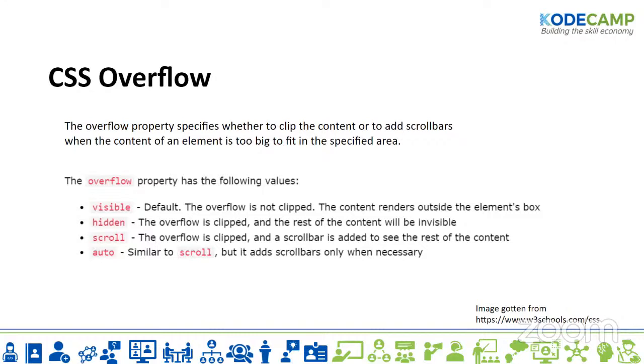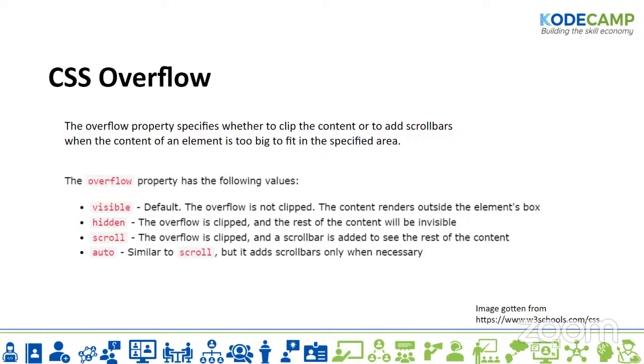So you also have the scroll value, where the overflow is clipped, and there's a scroll bar that you can use to see the rest of the content. A typical example of something of this sort is your text area. You want to write the story of your life inside there, and you keep writing and writing and writing.